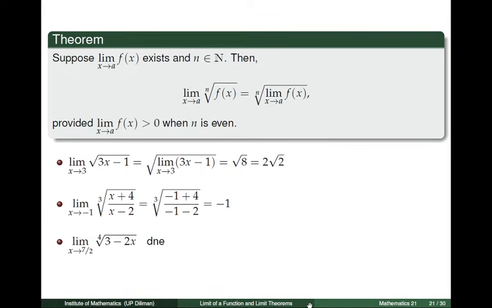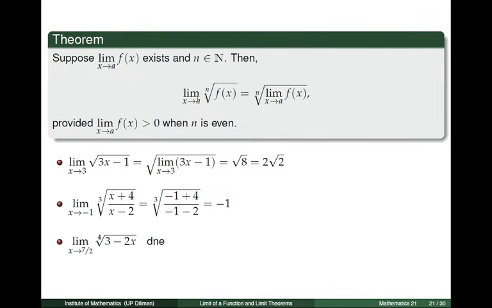Let us now consider functions that involve the radical sign. So suppose we have a function f whose limit as x approaches a exists, and we want to take the limit of the nth root of the function f. Then we have this result.